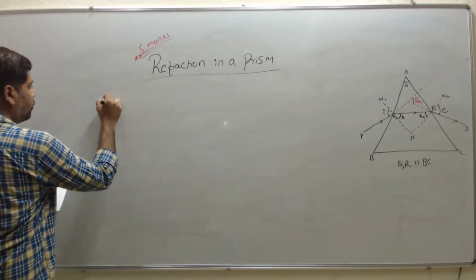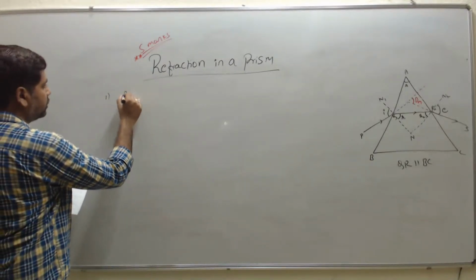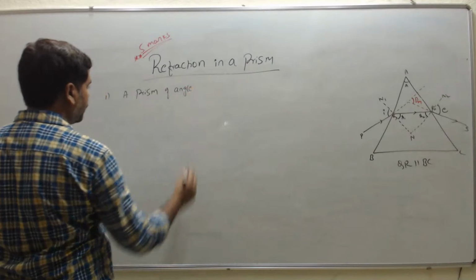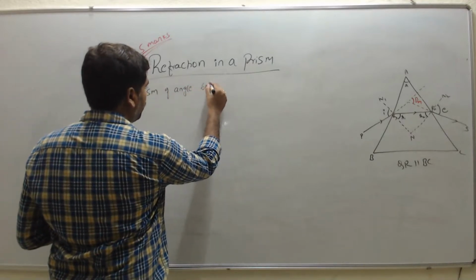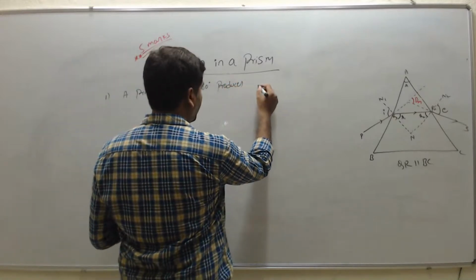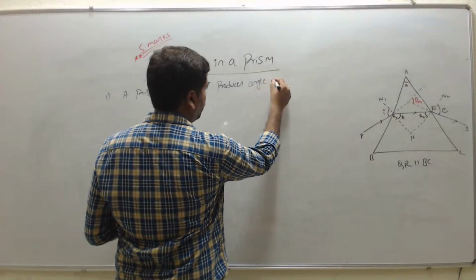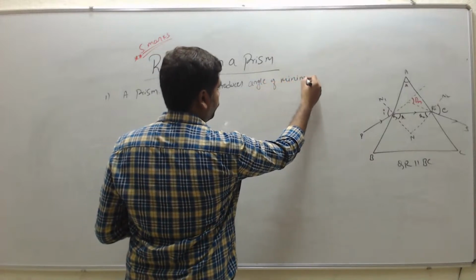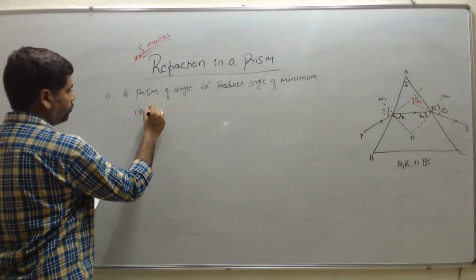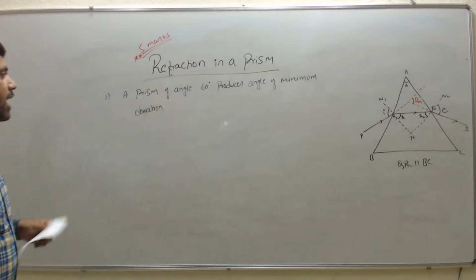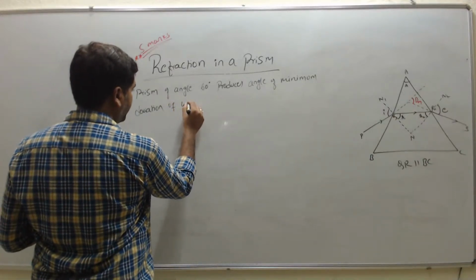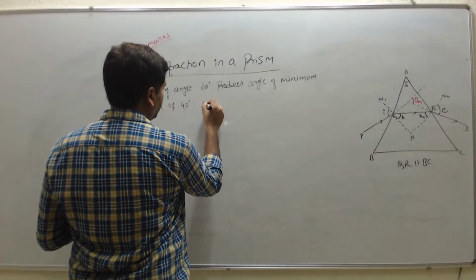So we take one problem. A prism of angle 60 degree produces an angle of minimum deviation of 40 degree.